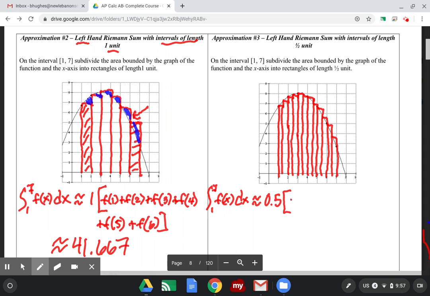Then I would have f of 1, because that's my first rectangle, plus f of 1.5. Then I would have to go all the way up to f of the last height of the rectangle that is given from the left-hand side, which would be 6.5.